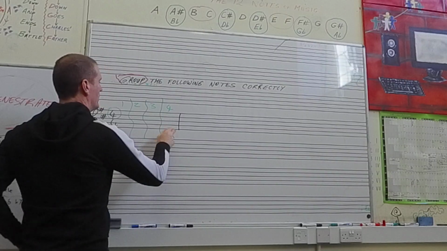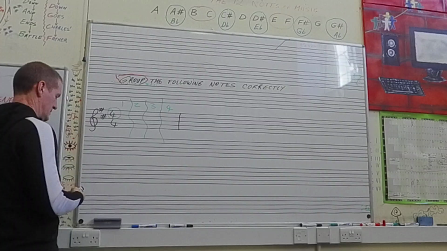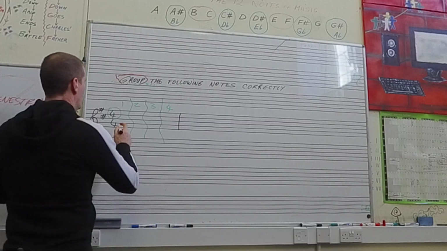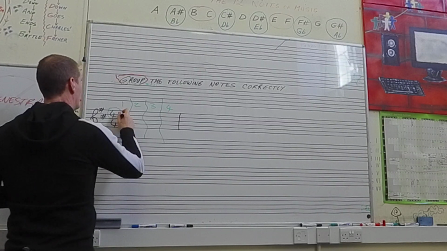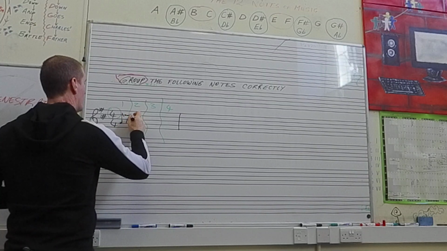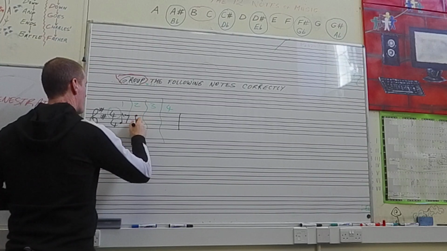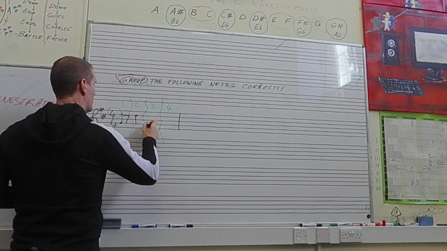I always very lightly with a pencil do this to guide myself in situations like this. So you might have something like that. You might have something like this. And something like that.